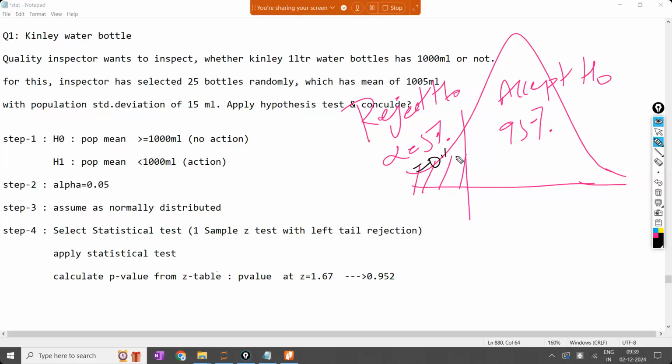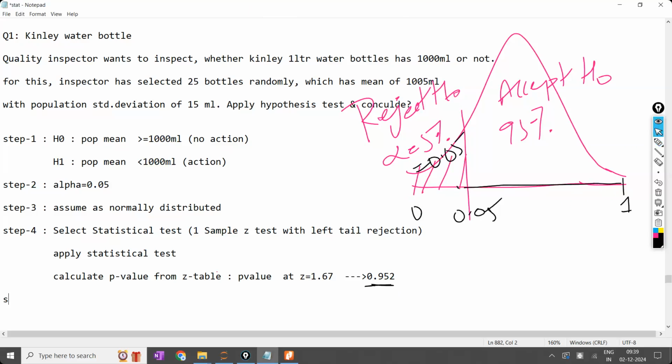What is the value wise? 0.05. So this is from 0 to 0.05, and this is from 0.05 to 1. Now whatever value I have got, 0.95, will be in between 0 to 0.05 or 0.05 to 1. Where will it be? It is going to be between 0.05 and 1. Is it in the acceptance area or rejection area? It is in the acceptance area.